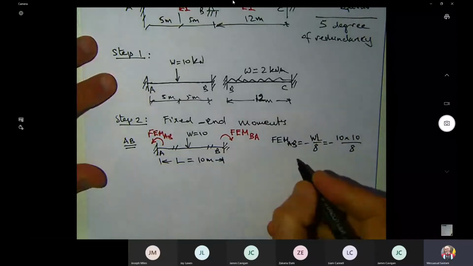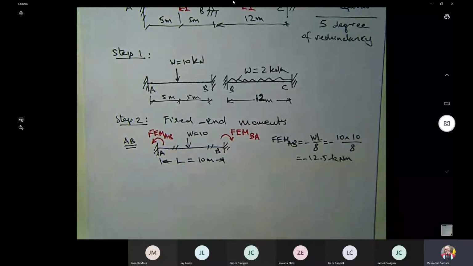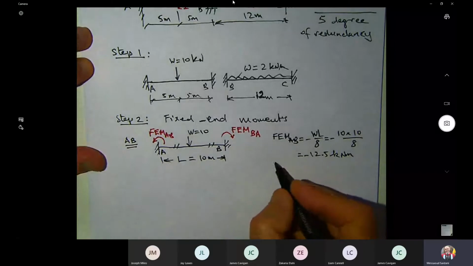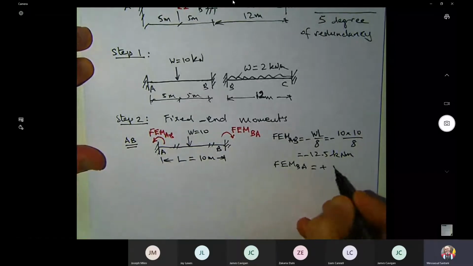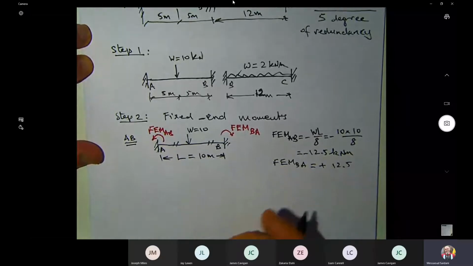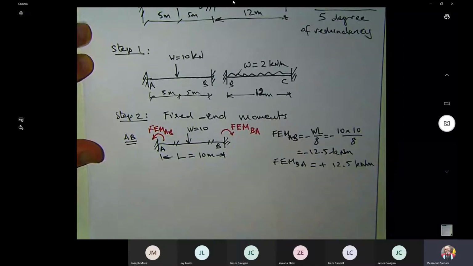Is that okay? So we have minus 12.5 kilonewton meters. Please always put the units. I hate when I see answers without units, please, okay? And then FEMBA will be exactly the same with the plus. It's plus WL over 8, so it's 12.5 kilonewton meters. So that's for AB. Is that clear?